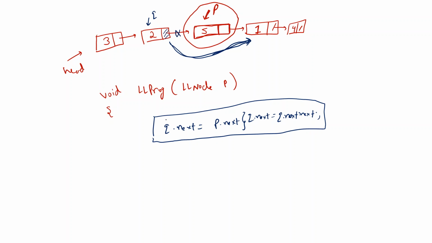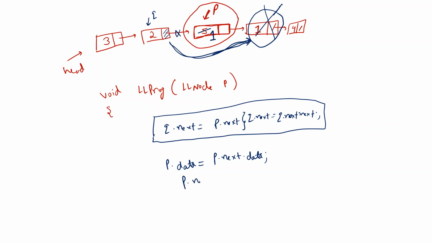So the way people usually do this is not that difficult. It's a little tricky. They'll do something like this: p dot data is equal to p dot next dot data. So when I do this, I'm basically changing it to 1. Then I'm not deleting this node, I'll delete the next node, and I can delete that easily now.